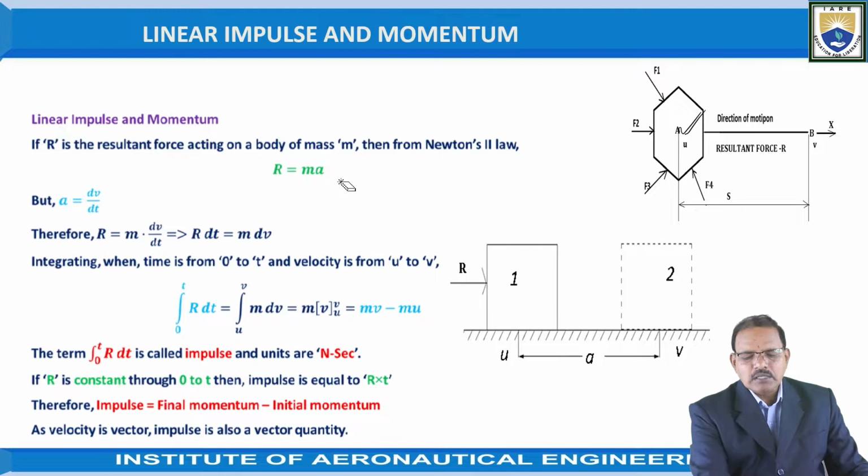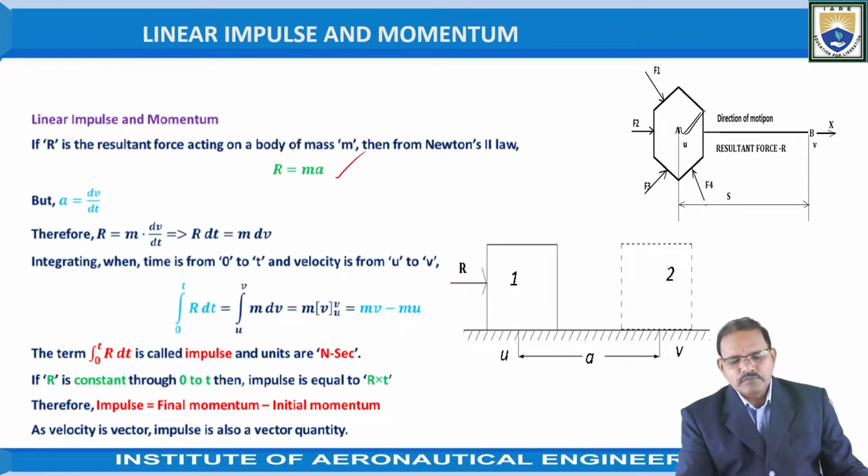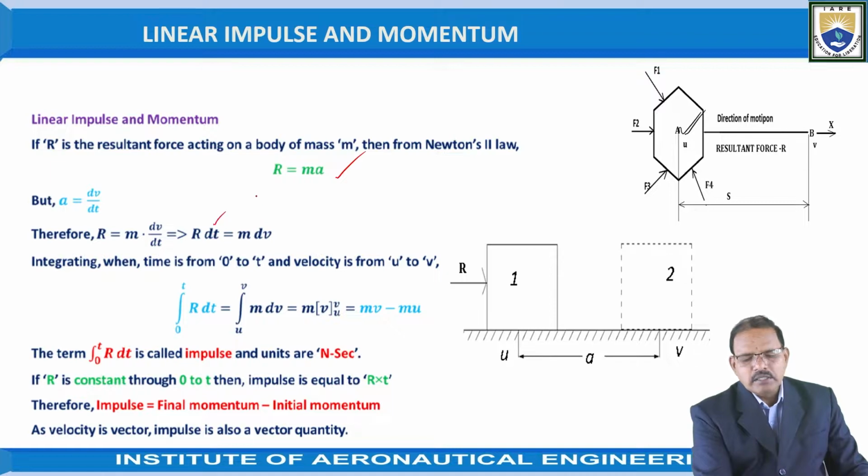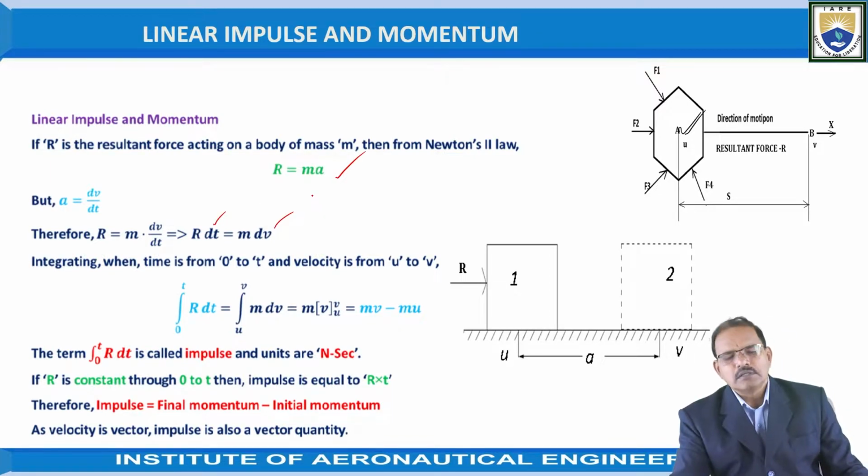But acceleration is defined as the rate of change of velocity, hence we can write R equals m into dv by dt. The modified equation is R into dt equals m into dv.